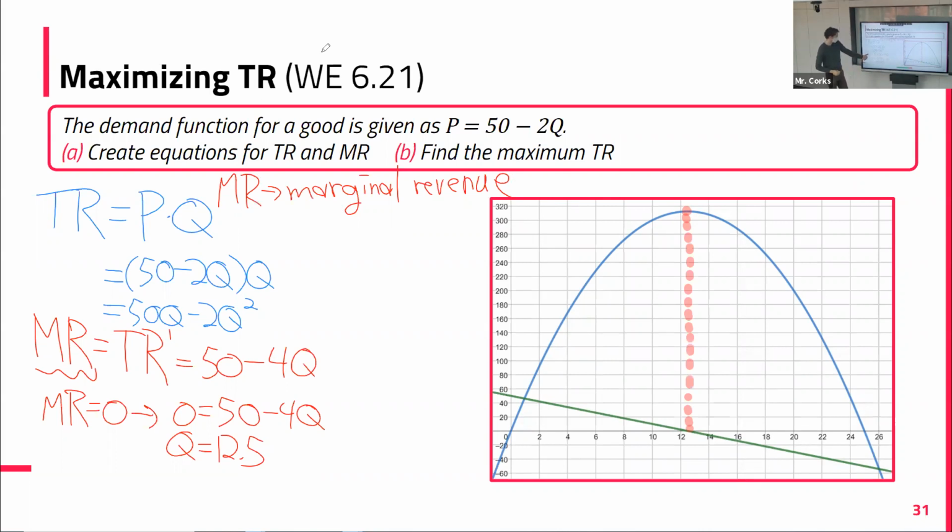I should have written this in green here instead of red, but where our first derivative hits the x-axis here, that's exactly at this point 12.5. That's where it's 0. That's where we have this maximum. We're not quite finished because the question didn't ask us where the maximum revenue is. They want the actual dollar value of the maximum.